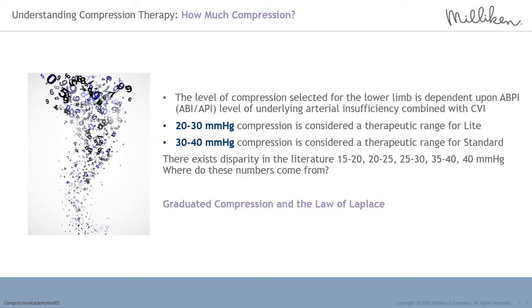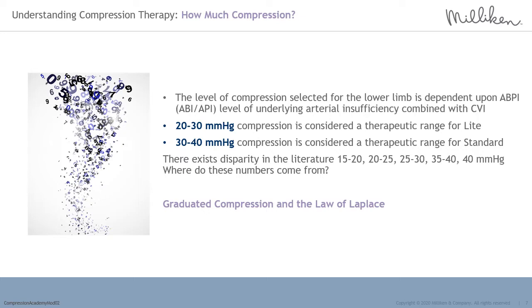The level of compression therapy selected for the management of patients with venous leg ulcers and associated conditions will be dependent upon several factors, including what a patient may be able to tolerate, but the fundamental deciding factor is that of safety based upon the level of underlying arterial insufficiency.